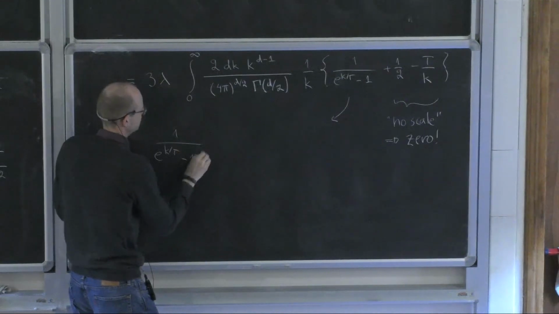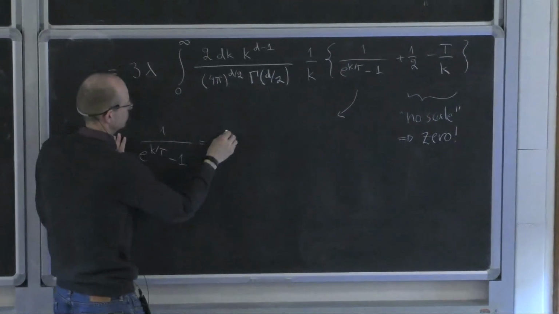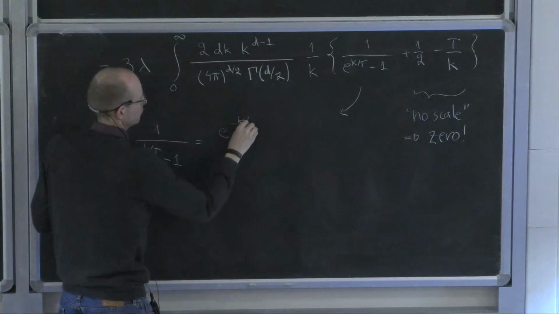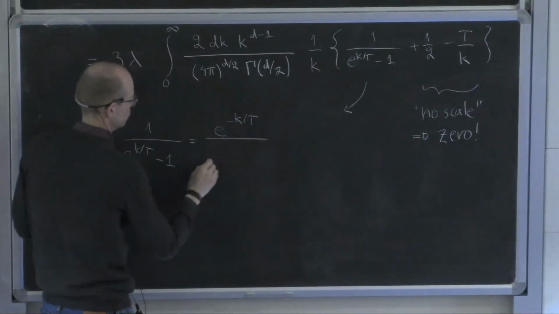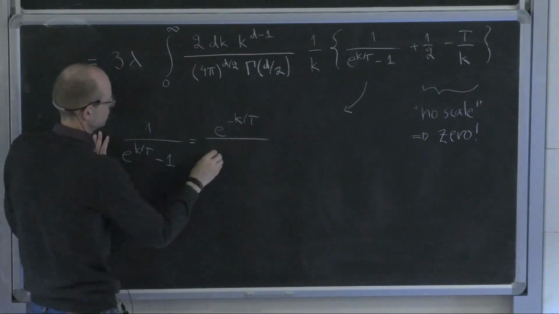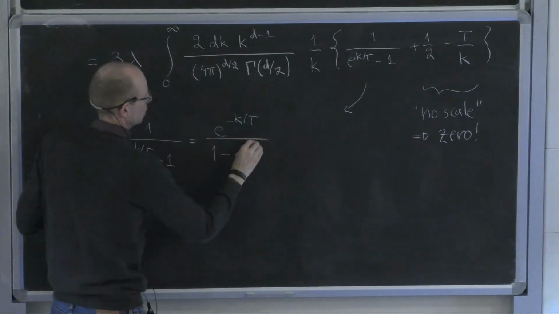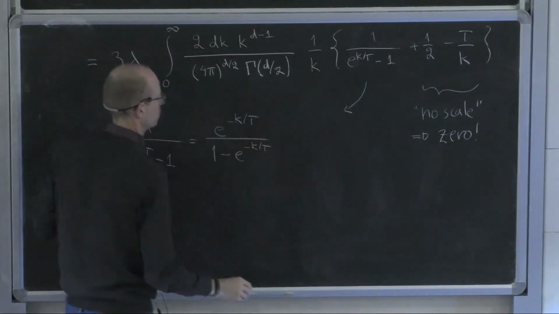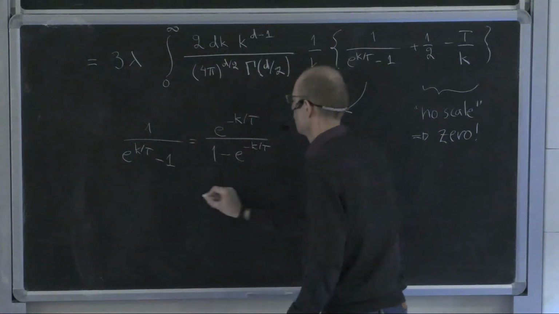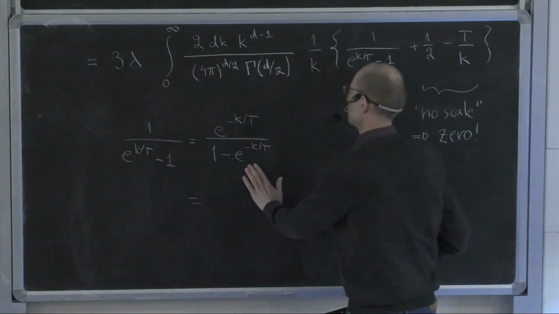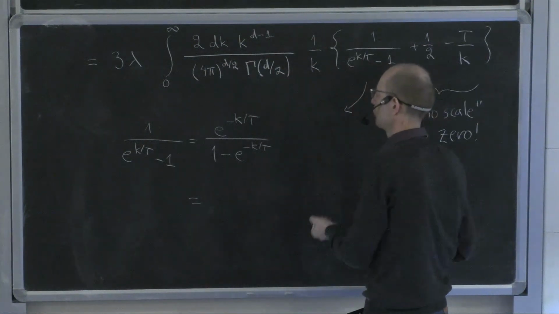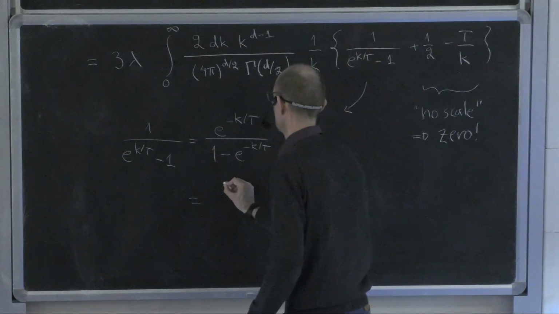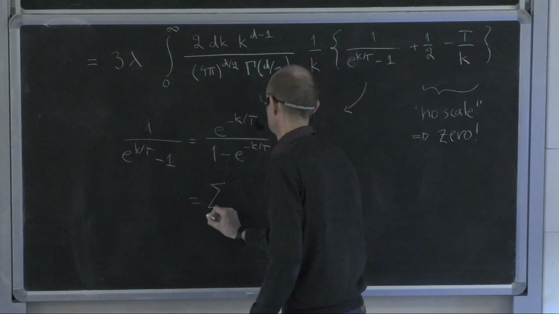Actually, we rewrite it as we first saw it. We first saw it when we got it from the harmonic oscillator. There was an e to minus k over t upstairs, and then I had 1 minus e to minus k over t downstairs. And now I re-expand this again in a geometric series. And so then it's a sum over n.